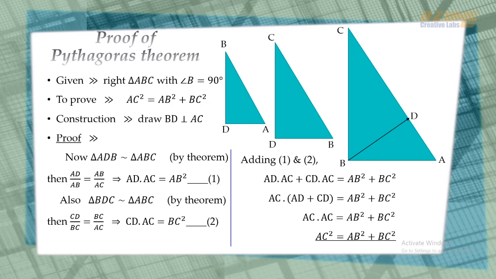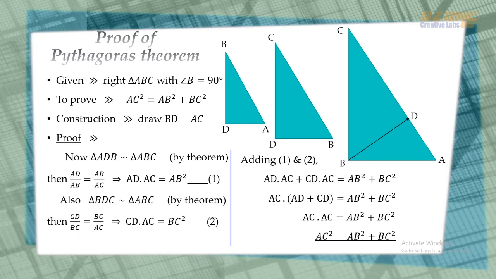We are just comparing the smaller side and the hypotenuse. So AD by AB will be equal to AB by AC. Now if you cross multiply, we will get AD into AC is equal to AB square. We will keep it as 1.